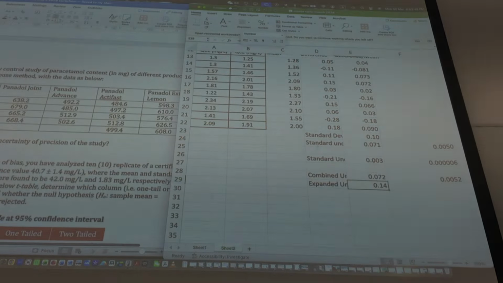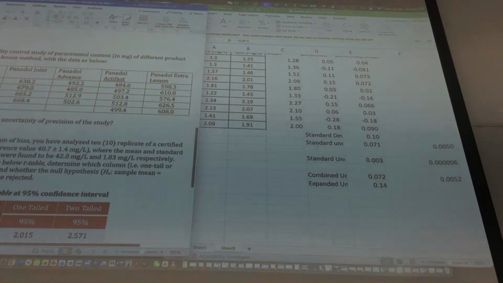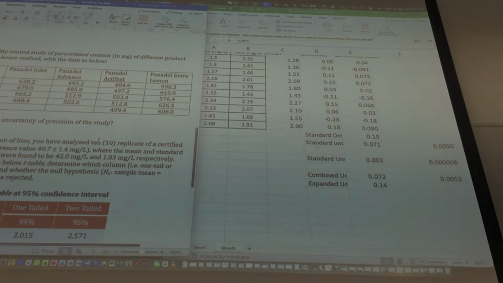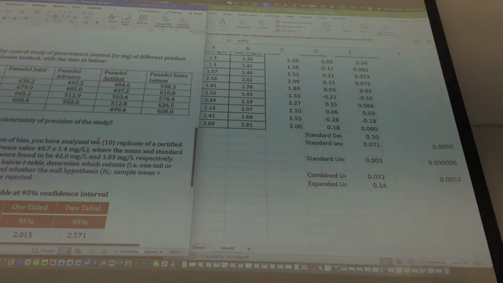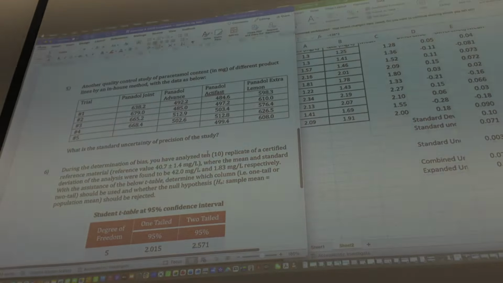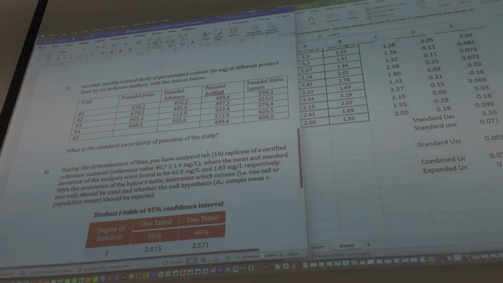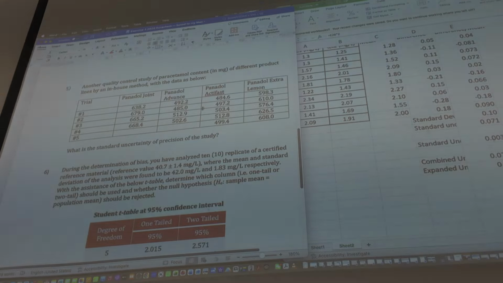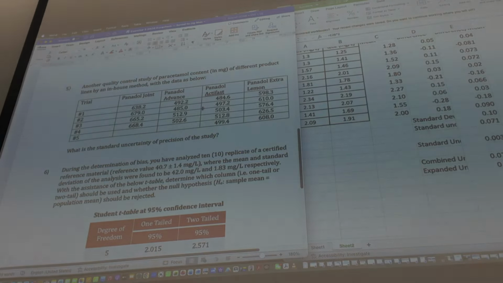And for the second one, you have another quality control study of paracetamol content of different products using an in-house method, with the data below. Okay, so you probably see the data. You should find that there are around 2 different levels.